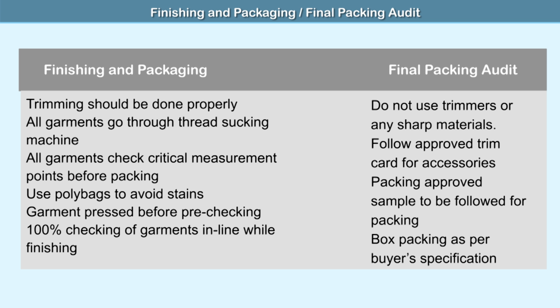Use fox pins for packing and tie gaps. 100% checking of garments in line while finishing. 100% initial inspection. 100% final inspection, 100% measurement audit, 100% random audit. Final packing audit. Don't use trimmers or any sharp materials.